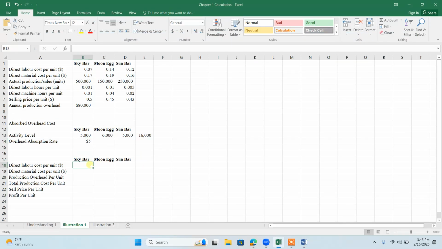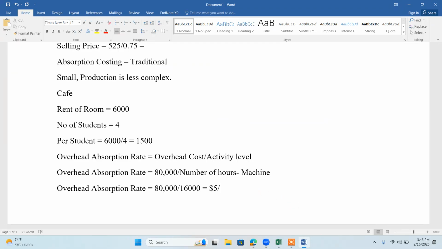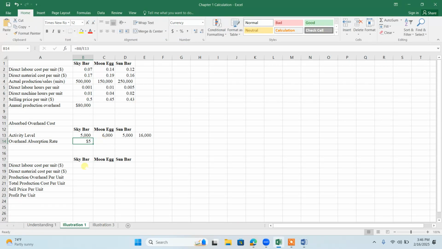Now we can calculate the per unit cost. We have the information that for 1 hour, the denominator is the number of hours, so for 1 hour the absorption overhead rate is $5.